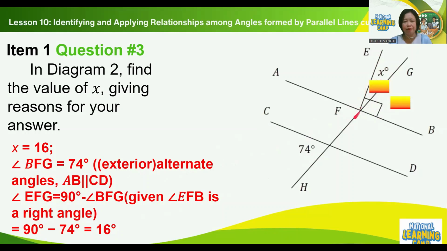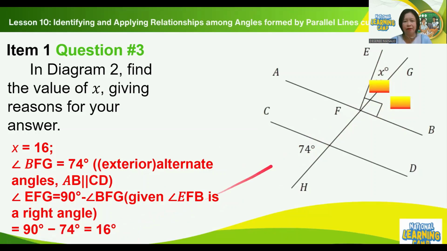Angle EFG is equal to 90 degrees since, as we can see, it is a right angle. So 90 degrees minus angle BFG. EFB is a right angle.